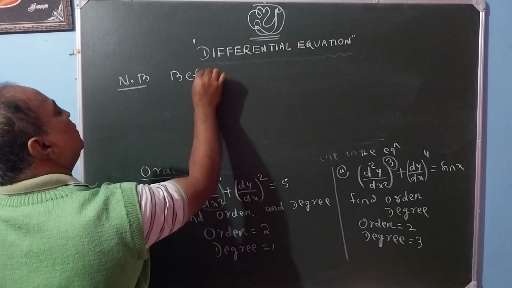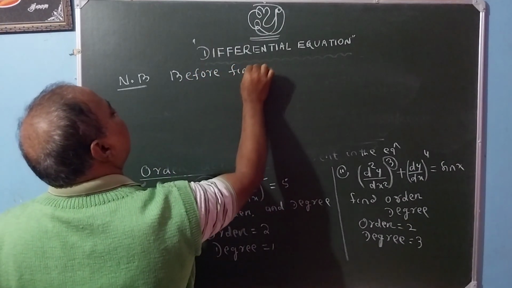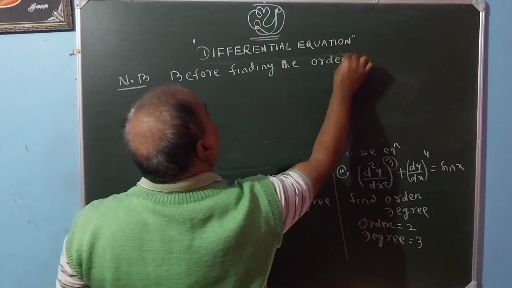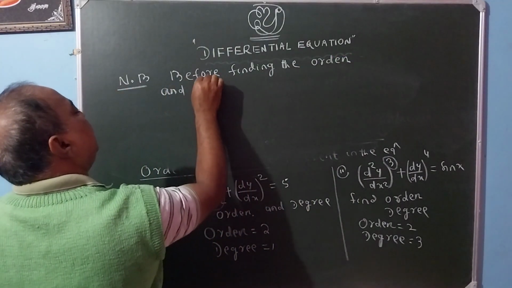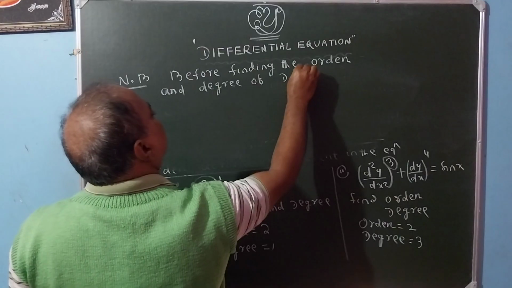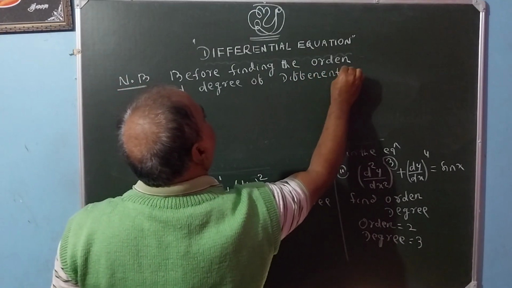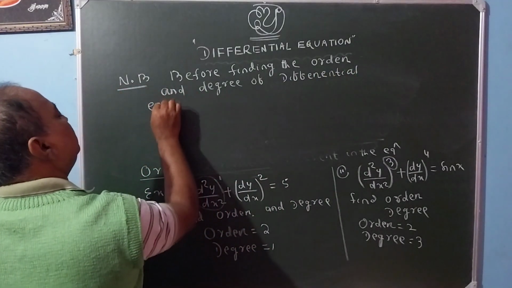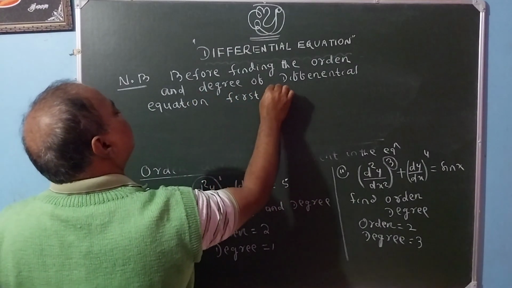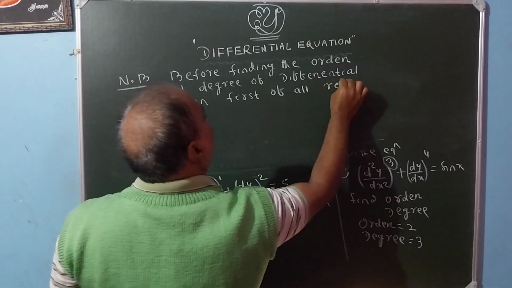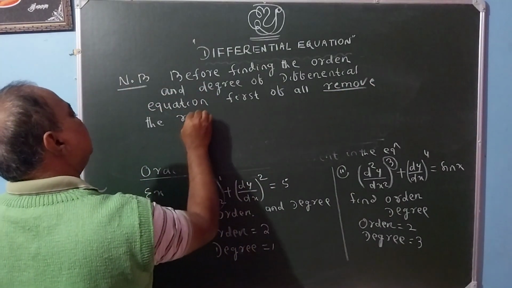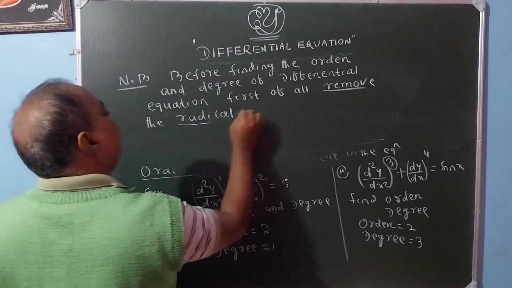Before finding the order and degree of a differential equation, first of all remove the radicals, if any.